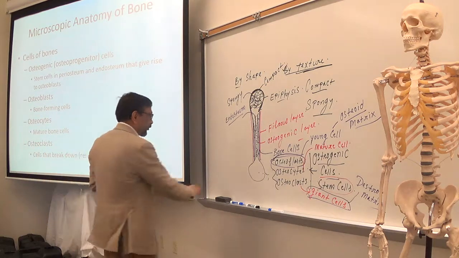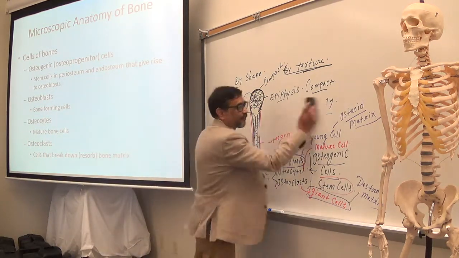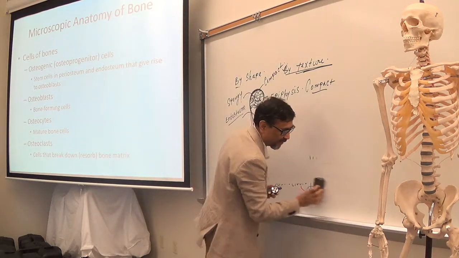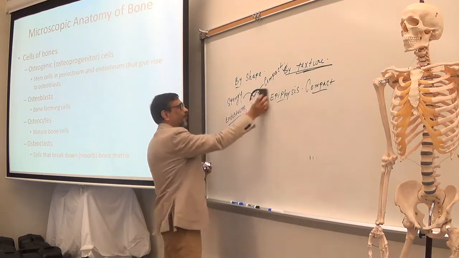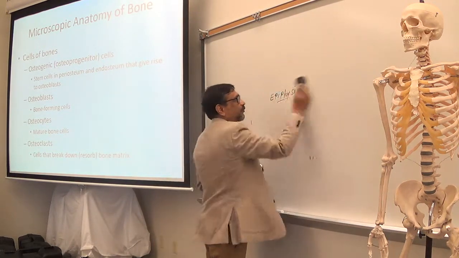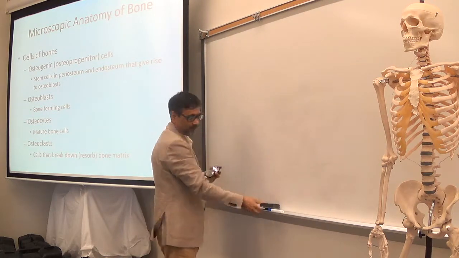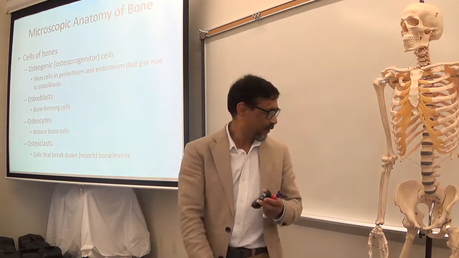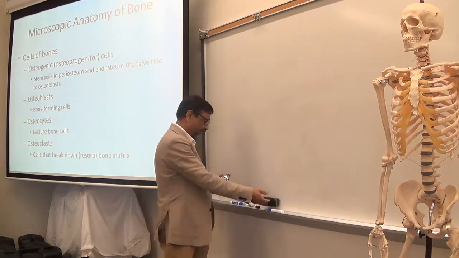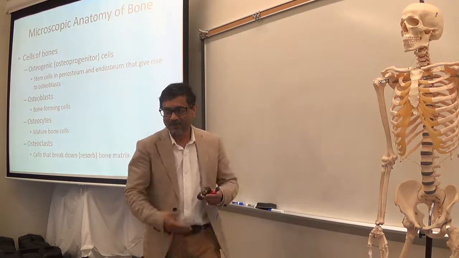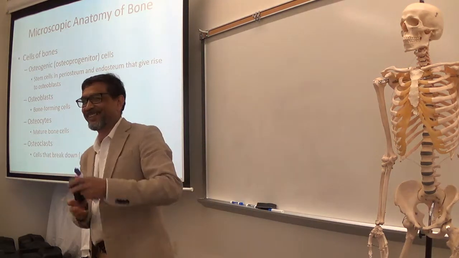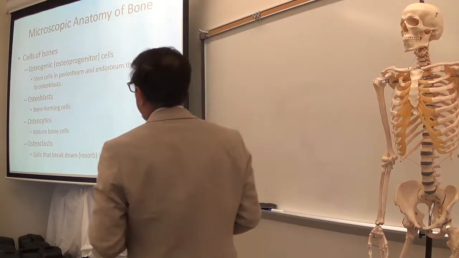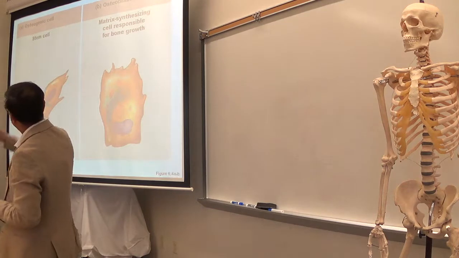So, those are the functions of 4 different types of bone cells. Looking at this side. Okay, good. So those are cells, different types of cells.